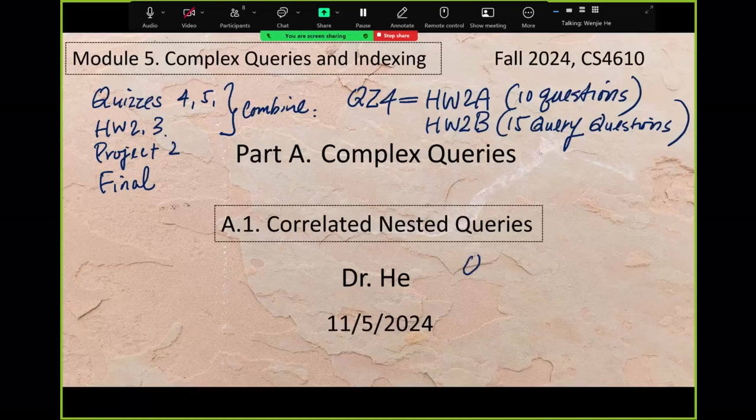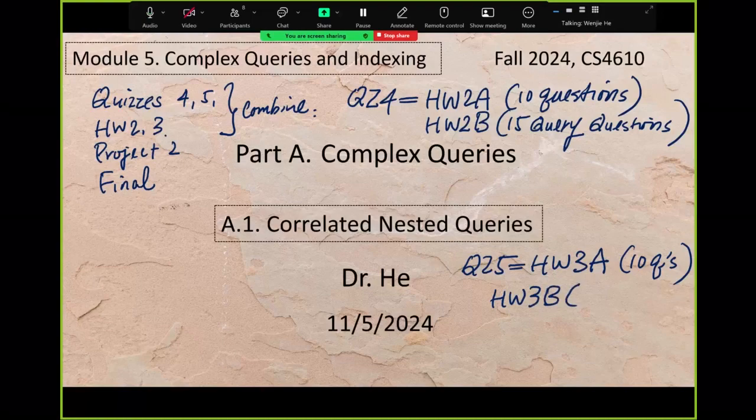Quiz number 5 equals homework assignment 3A, 10 questions. Then homework assignment 3, part B, 15 query questions.